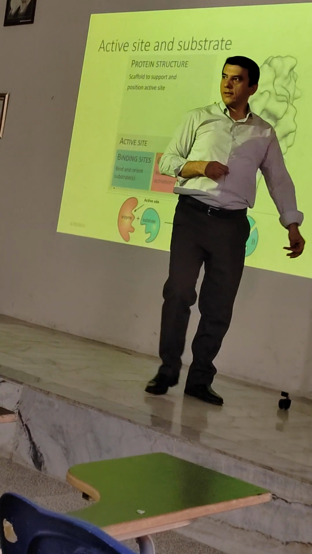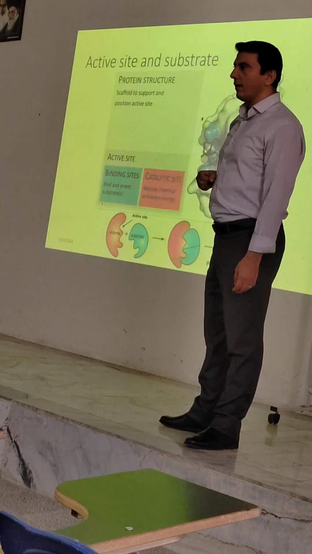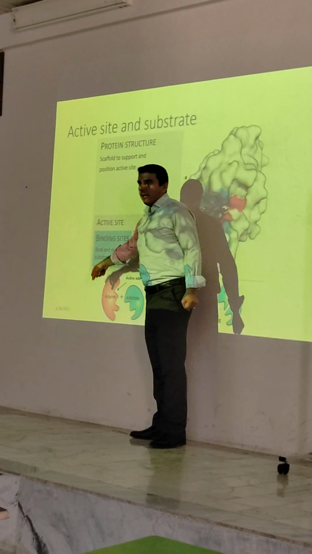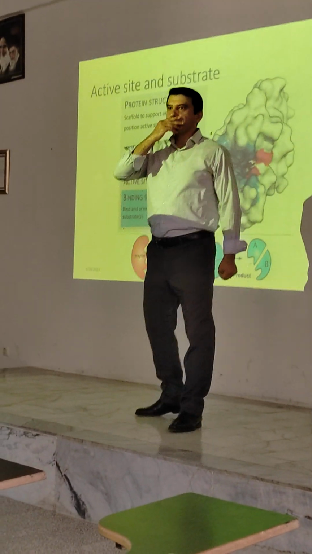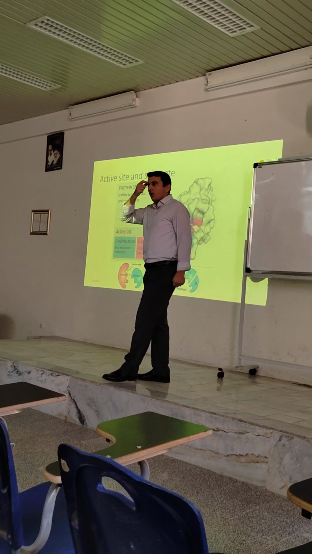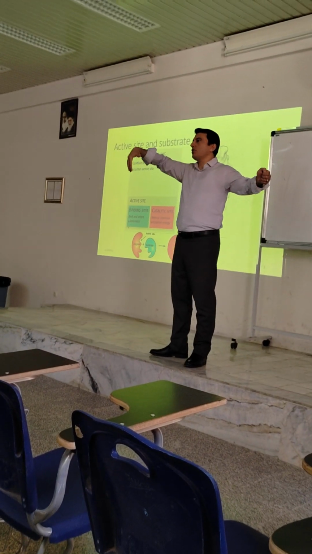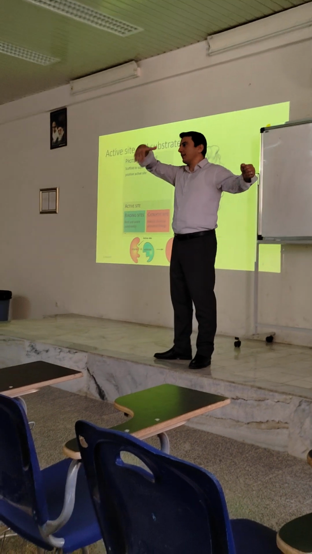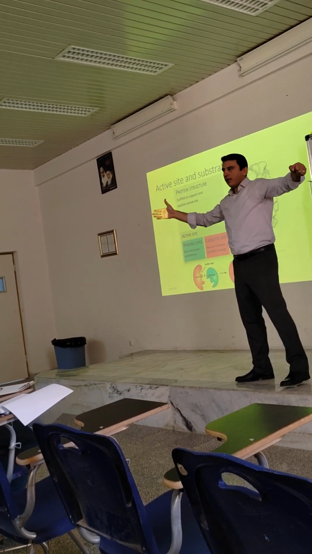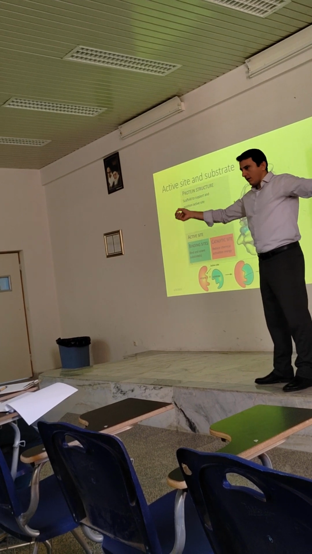So the binding site, what is it? Sorry, the function of the binding site? Let me give you an example. Do you see the big cutters used in factories, for example those that cut metals?